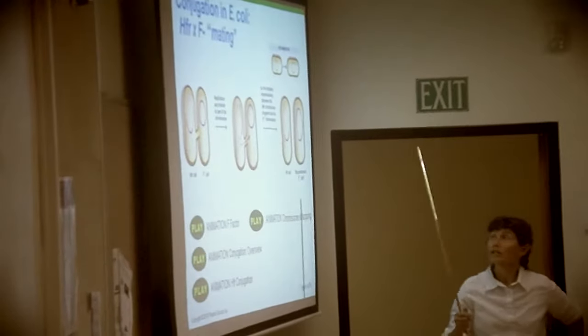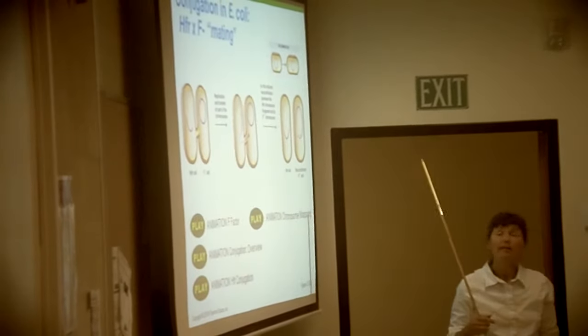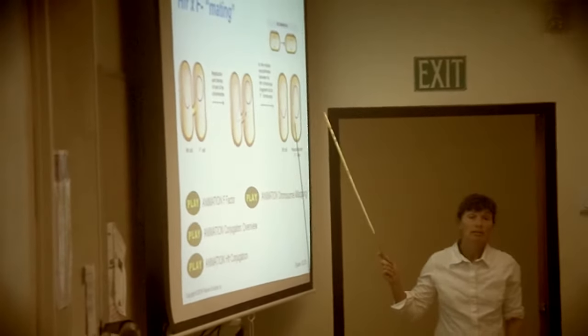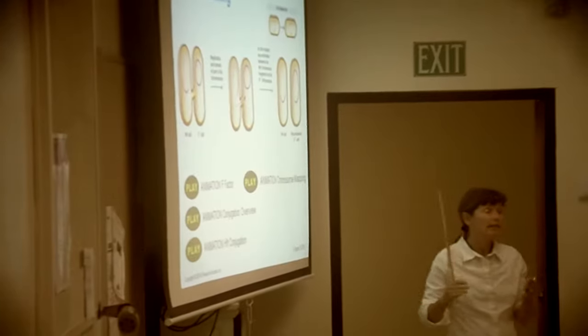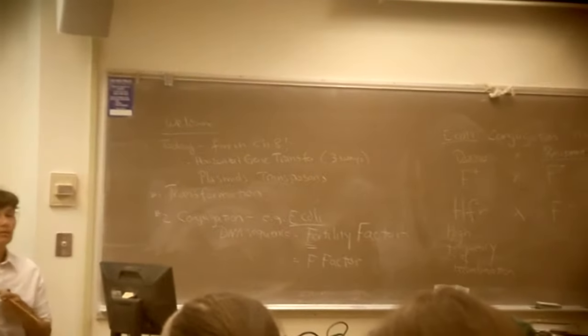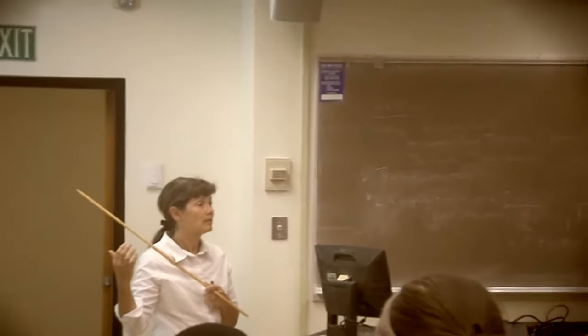Okay, so in an HFR donor, where is the F factor? Integrated or inserted into the chromosome. Okay, right. In nature, in an HFR conjugating with an F negative recipient, does the recipient acquire the full F factor?